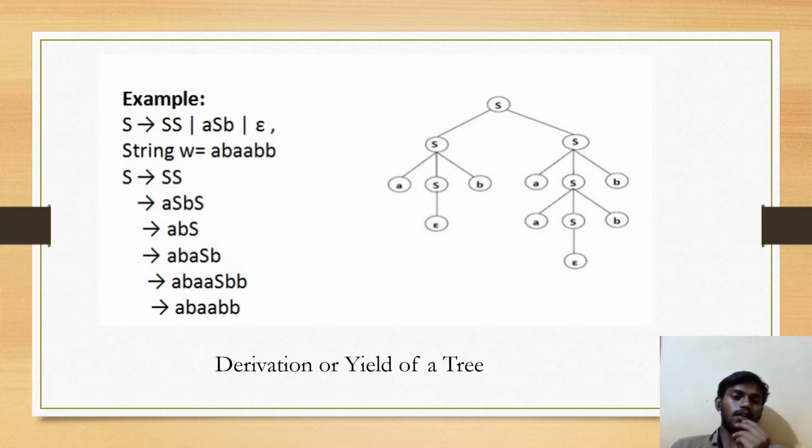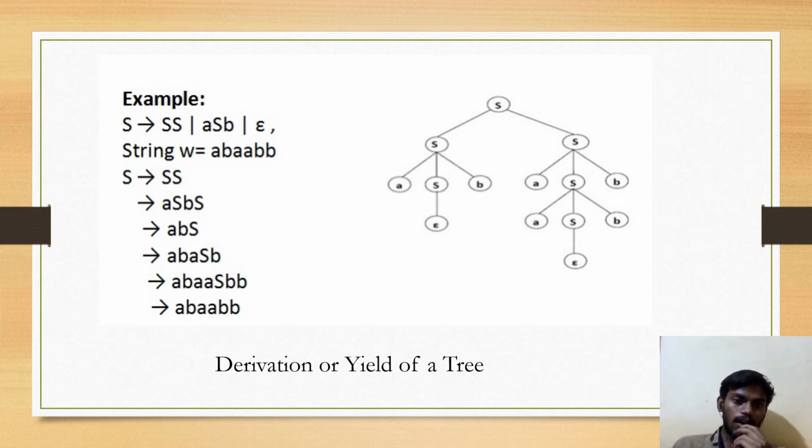For example, S tends to SS or aSb or epsilon. Now we require the string w is equal to abaabb. Then S tends to SS. Then S can be written as aSb. Then we get aSbS, and S can be written as epsilon. Then we can write it as abS.